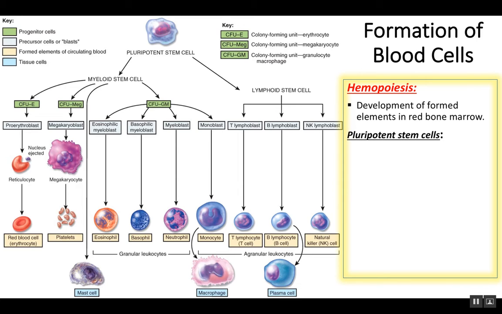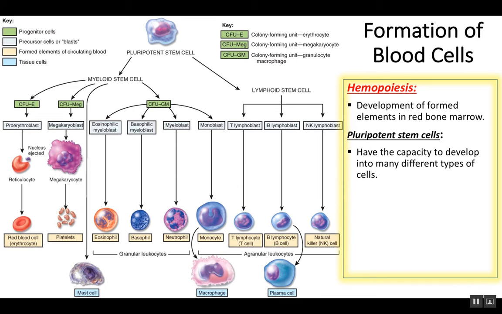These cells and cell fragments all originate from a certain type of stem cell, called a pluripotent stem cell. A pluripotent stem cell has the capacity to develop into many different cell types.